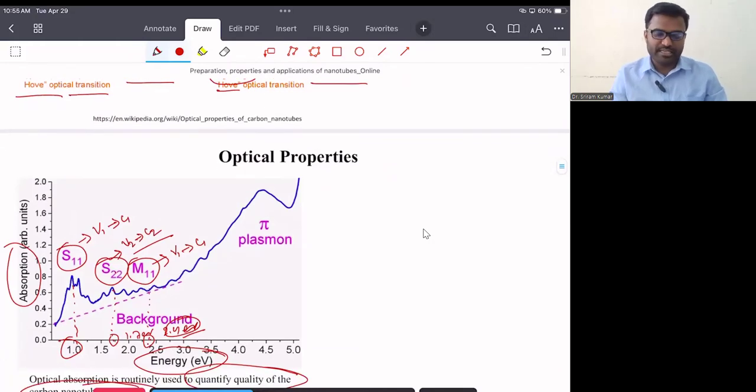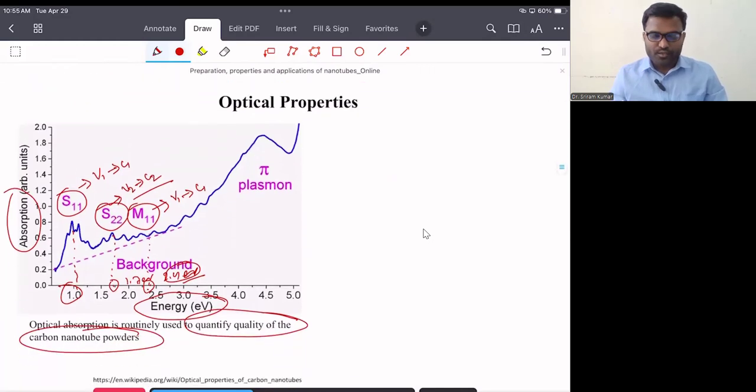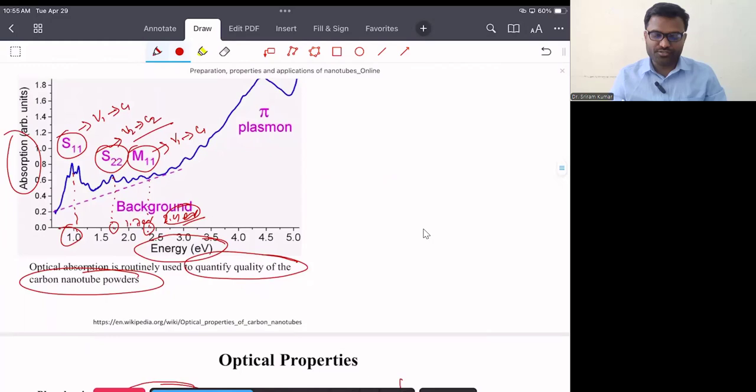with these transitions S11 and S22. S11 denotes the transition from V1 to C1, and S22 corresponds to V2 to C2. S denotes semiconducting and M denotes metallic in nature.